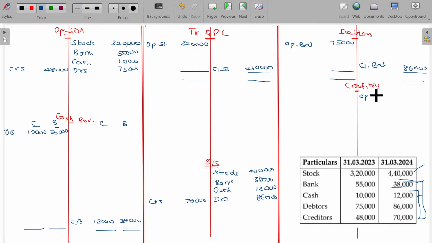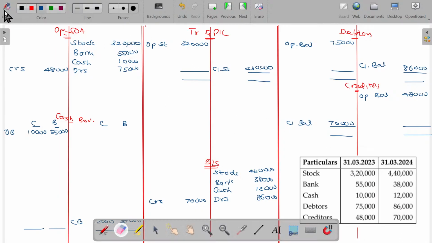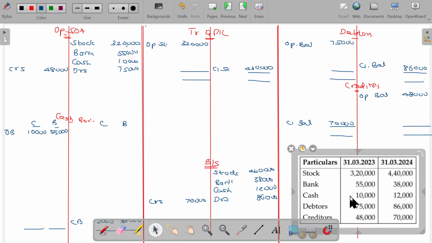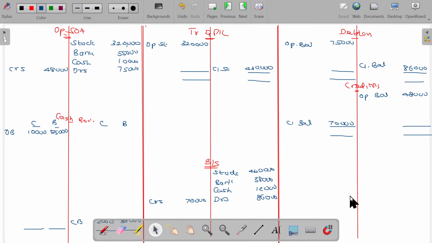Similarly, in creditors, opening balance 48,000, closing balance 70,000. Hope now you'll be able to understand that we have completed posting all these items twice.